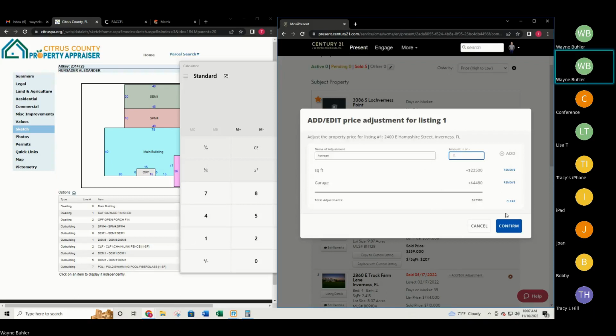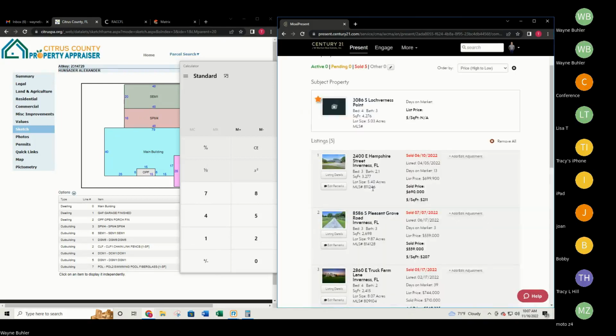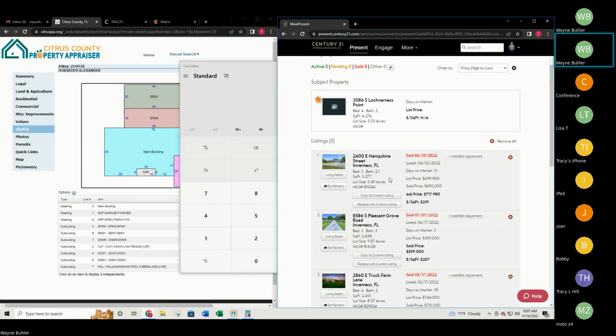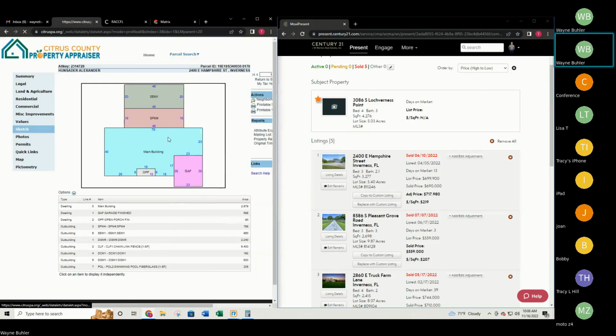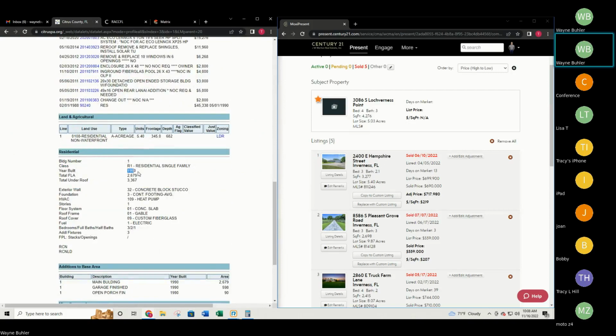Acreage. Hampshire is on 5.4 acres. So again, for the sake of time, I'm going to say we're close enough in this realm, just to keep going. Got the garage, got the year built. So we need to find out when this one was built. This one was built in 1990.